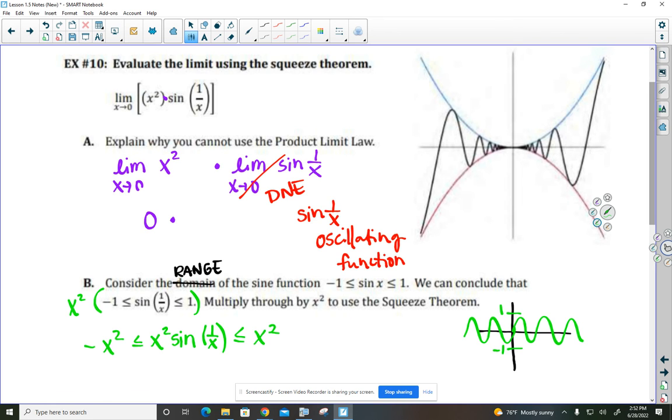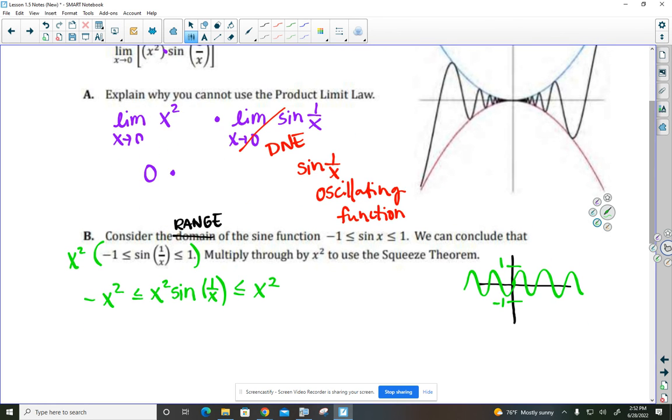So now we can use the squeeze theorem, because again, this is the graphic we're looking at up here. We've got our negative x squared, we've got the sine of 1 over x in black, and we have our positive x squared above.